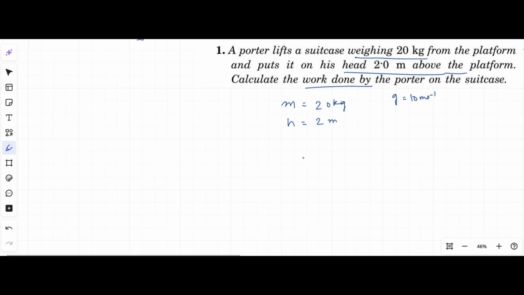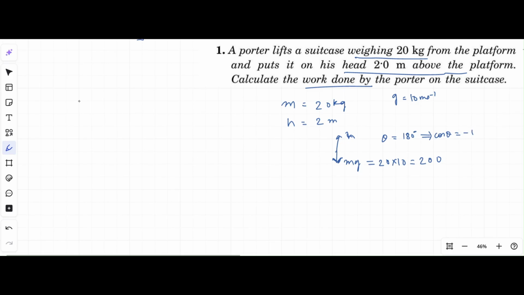In taking the suitcase onto his head, the suitcase has a force downwards, that is mg, which is 20 into 10, equal to 200, and it moves up a height of 2 meter, so mg and h are in opposite directions. For opposite directions, theta is equal to 180 degree, which means cos theta is equal to -1.